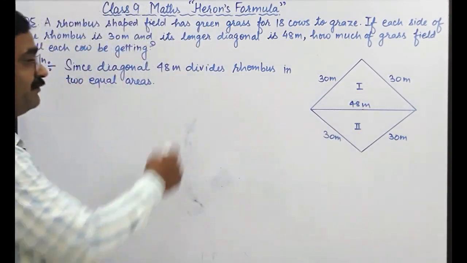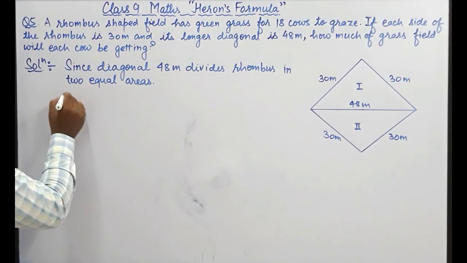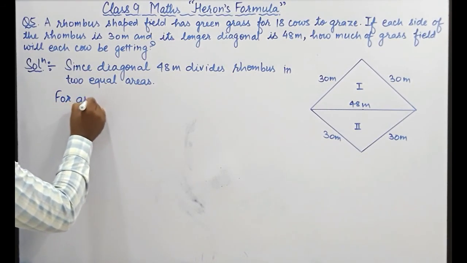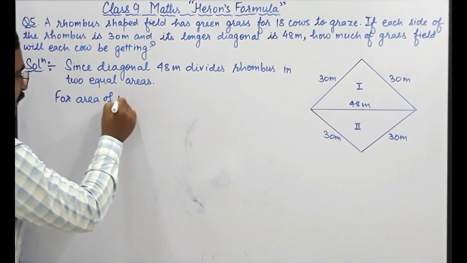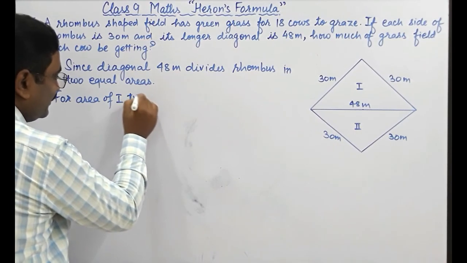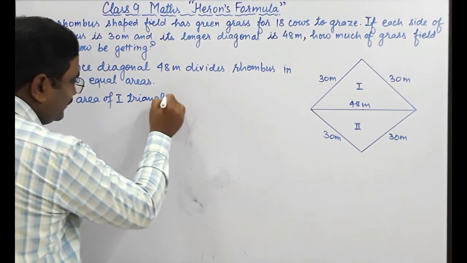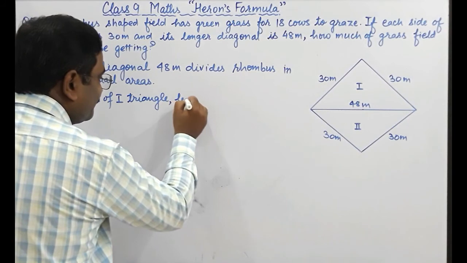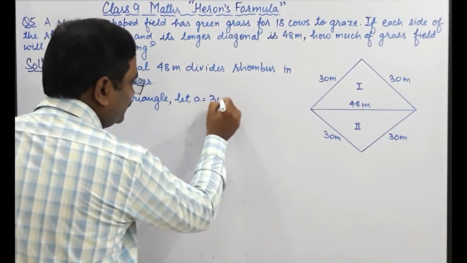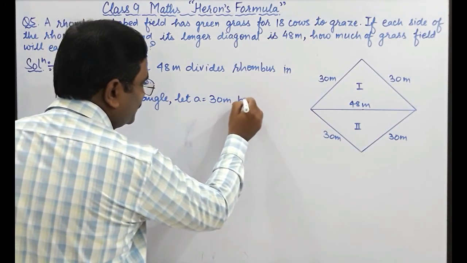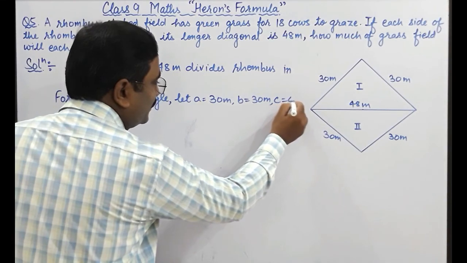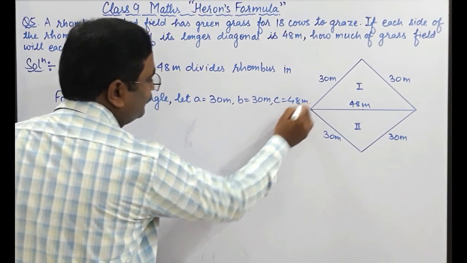So for area of the first triangle, let A is equal to 30 meter, B is equal to also 30 meter and C is equal to 48 meter.